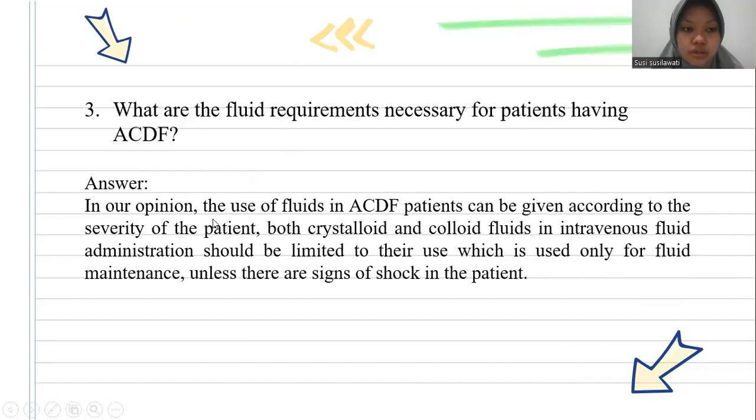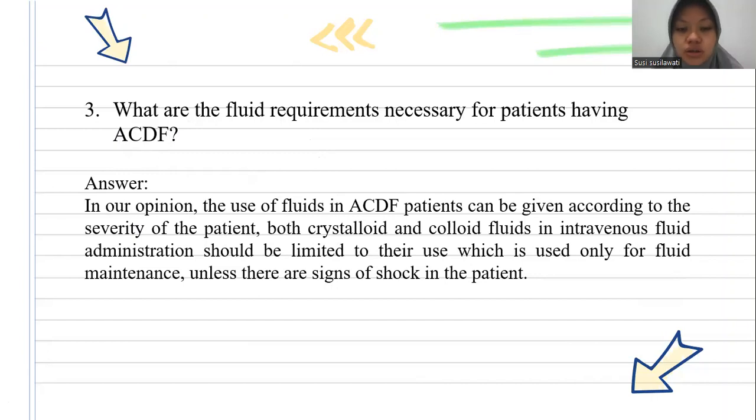And the question number 3, what are the fluid or equipment necessary for patient having ACDF? An answer, in our opinion, the use of fluid in ACDF patient can be given according to the severity of the patient.